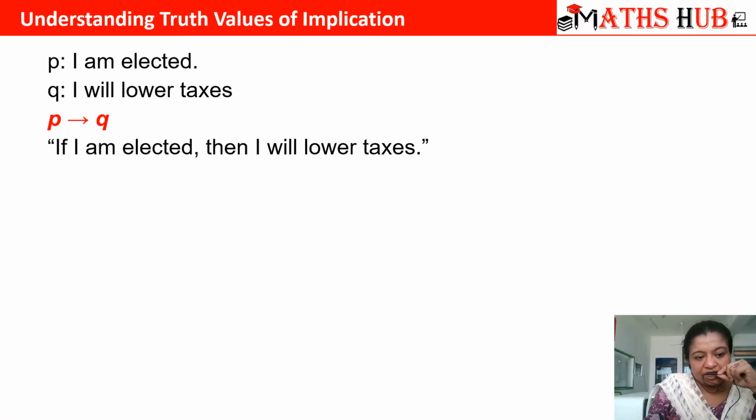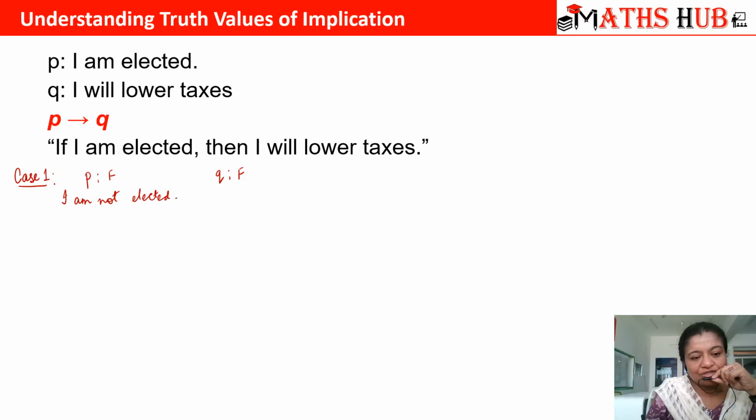Let us take case number one. I'm taking P as a false statement and Q also as a false statement. If P is false, that means I am not elected. And Q is false means I will not lower the taxes.